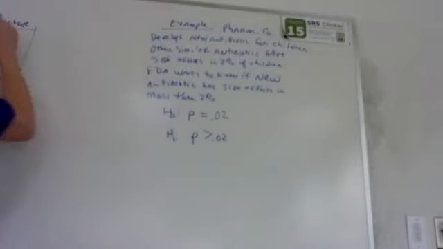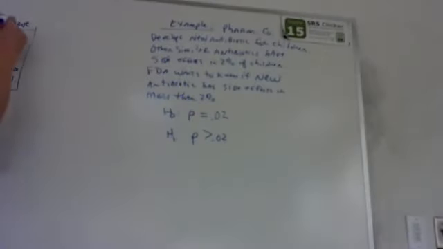So I made a type 2 error. We're going to refer to that as beta. So there are 2 types of mistake. You could reject the null when you shouldn't. You could not reject the null when you should have. Those are the 2 mistakes you can make.